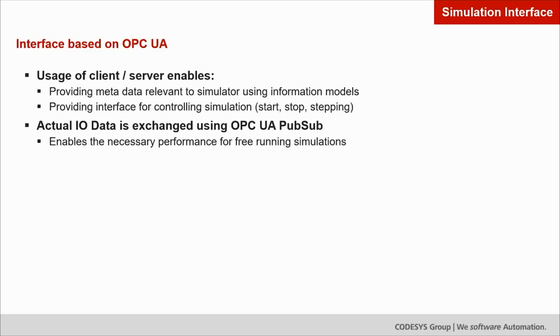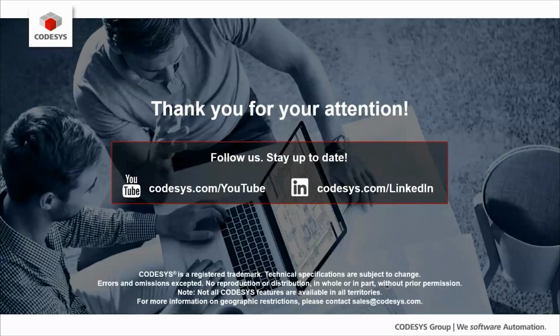This then brings the necessary performance for a fast and real-time I/O and information exchange with the simulation tool and the simulation digital twin. So this new simulation interface is still in development and will probably be released during the next year.